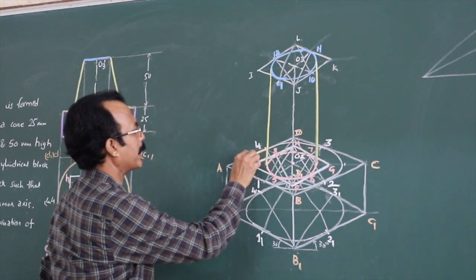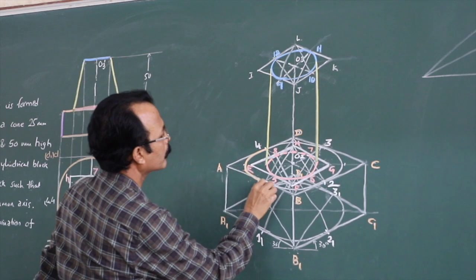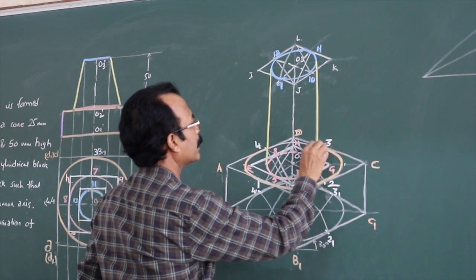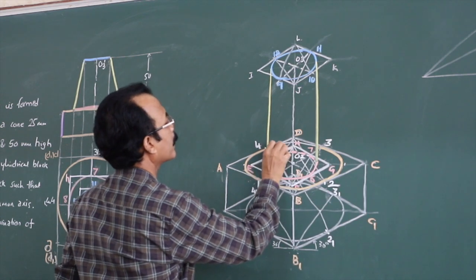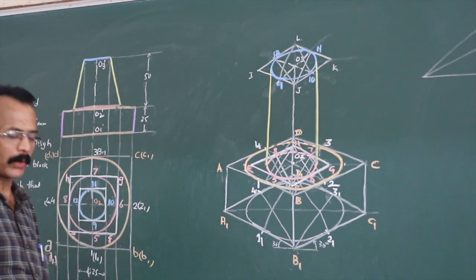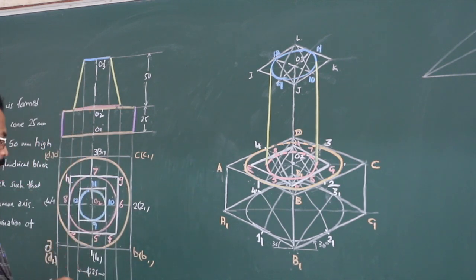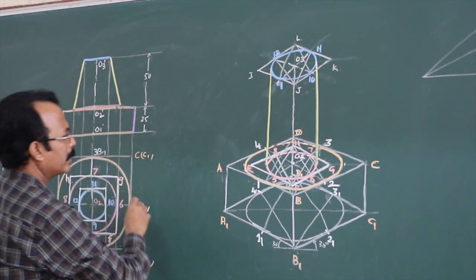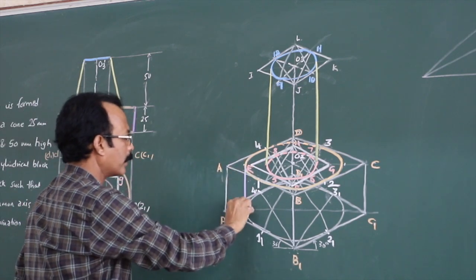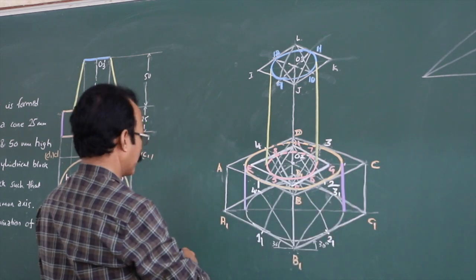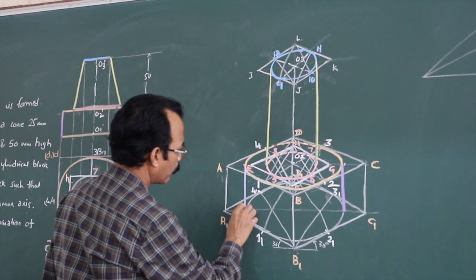Whatever is outside the frustum, you make it dark, and whatever is behind it, keep it light there, like that. Okay. Then you draw these two vertical generators, left, right, then this is your front part.